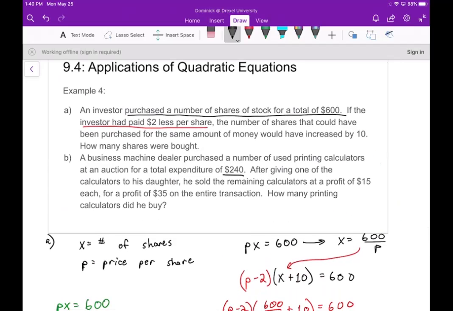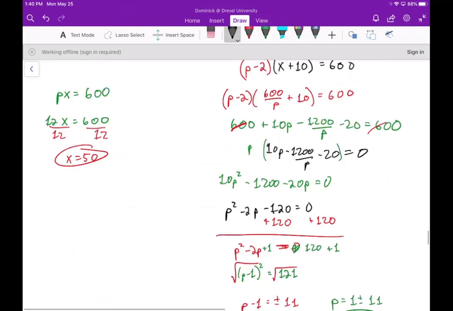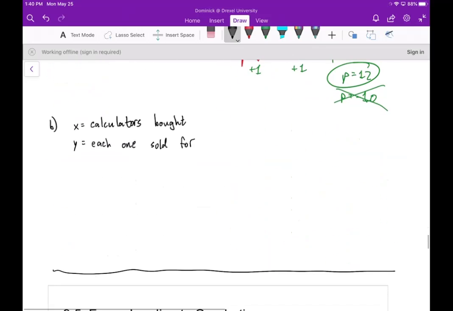So we have that after giving one of his calculators to his daughter, he sold the remaining calculators at a profit of $15 each for a profit of $35 on the entire transaction. So we know that if he gave one to his daughter, then he sold X minus one of them because he gave one to his daughter.